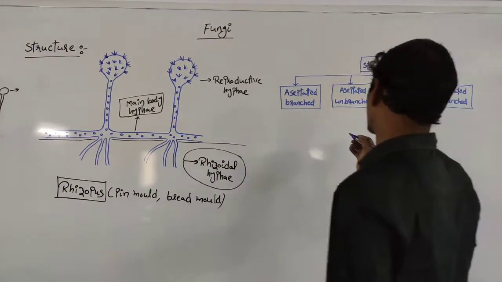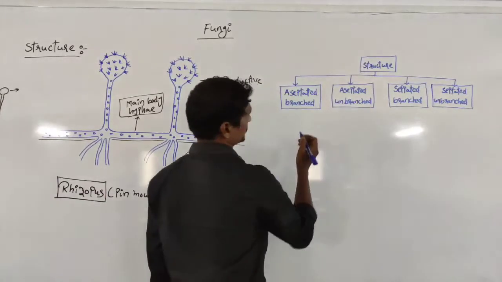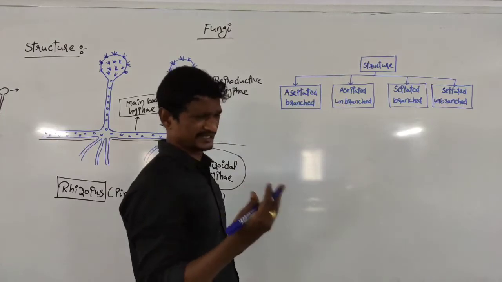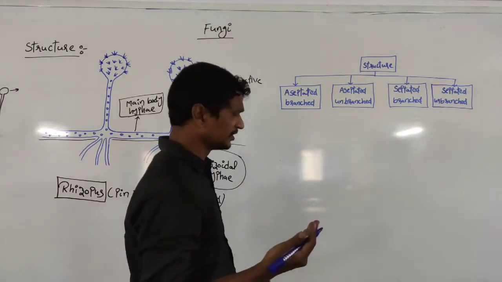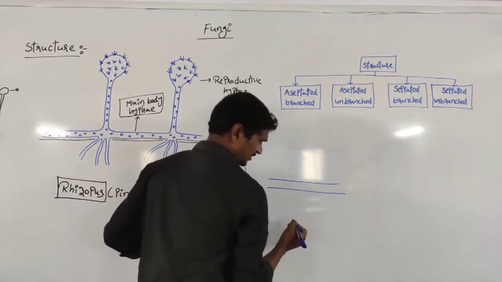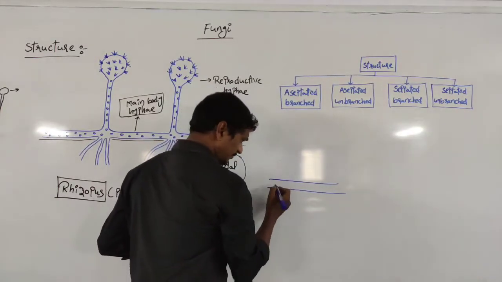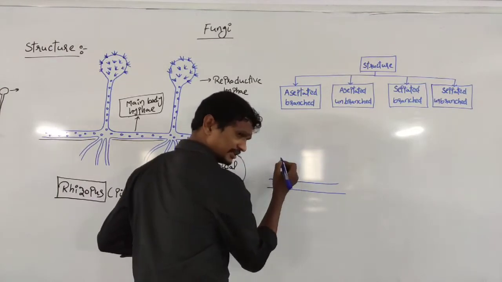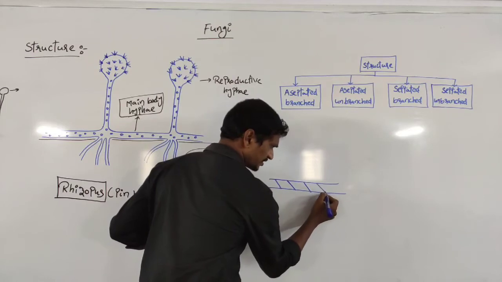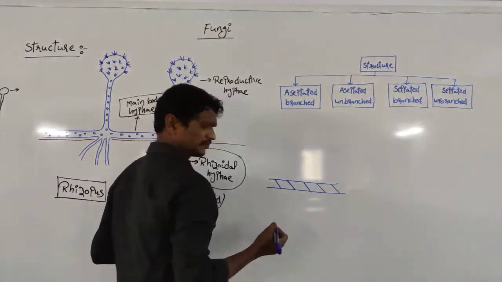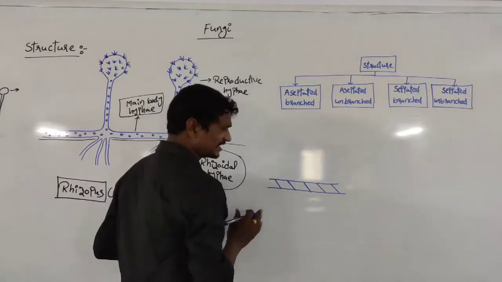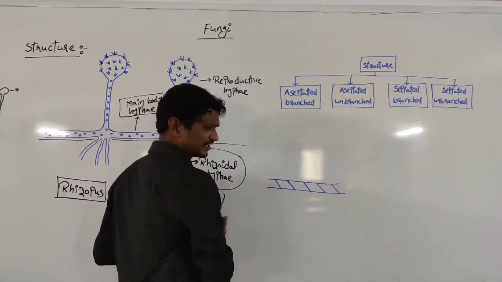So here the first one is the aseptated branched. First of all, I want to know what is septated and what is aseptated. Suppose this is one of the fungi structures. Here the fungi form cross walls. The presence of these cross walls in the mycelium is called septated mycelium.